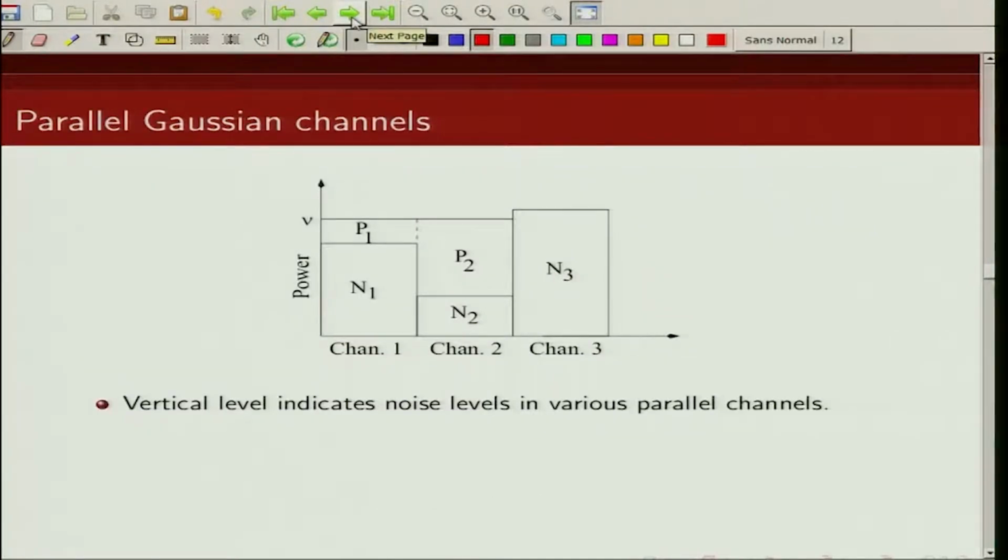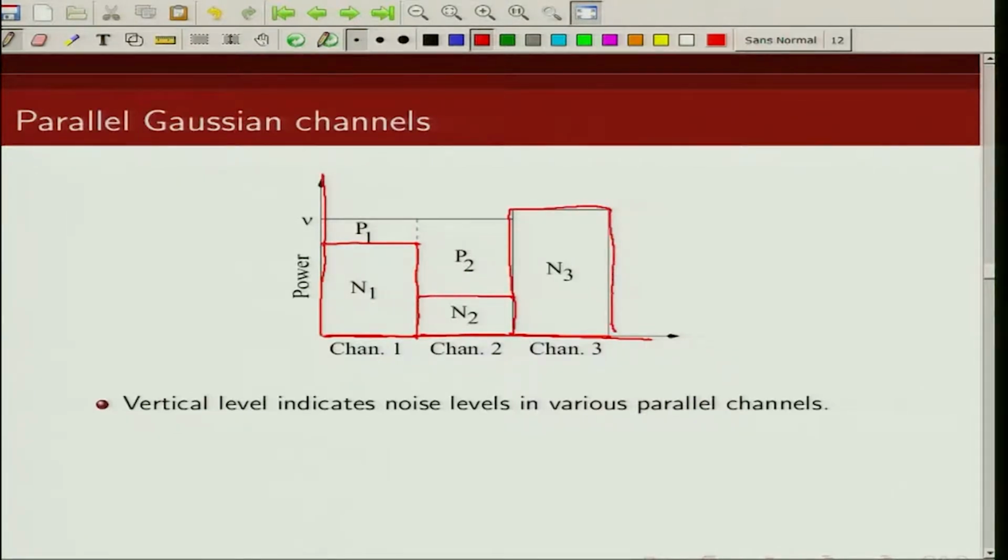Now this can be visualized in this fashion. Let's say on the x axis I am plotting these k channels. So I have channel 1, channel 2, channel 3, like that, and here I am plotting power. So initially I plot the noise power. If you see this level high, it means the noise level is higher. So the noise level of N1 is more than N2, but it is less than the noise in channel 3.